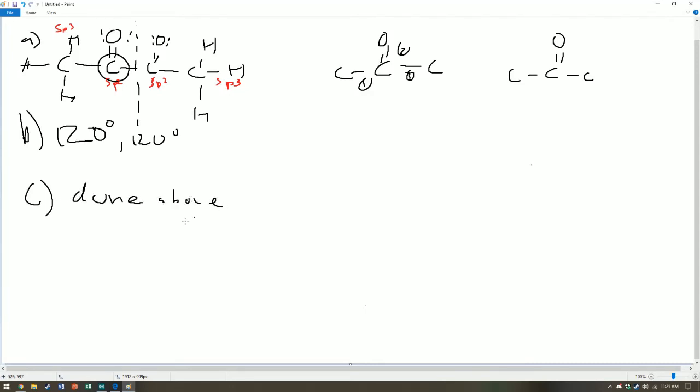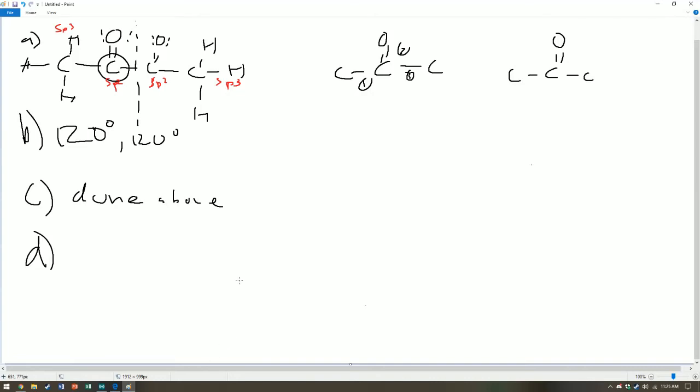For part D, this one is a bit of a harder question. Basically, it asks, can the 4 carbon atoms and the 2 oxygen atoms in the biacetyl possibly be in the same plane? And explain.